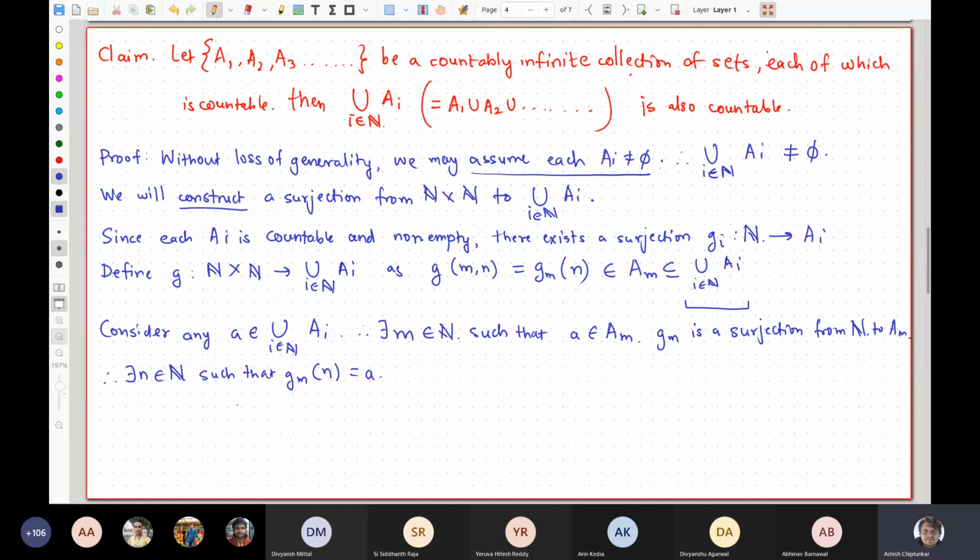So this is exactly what we wanted to prove. Therefore g is a surjection. So this is the end of the proof. Therefore the union over i in N of A_i is countable.